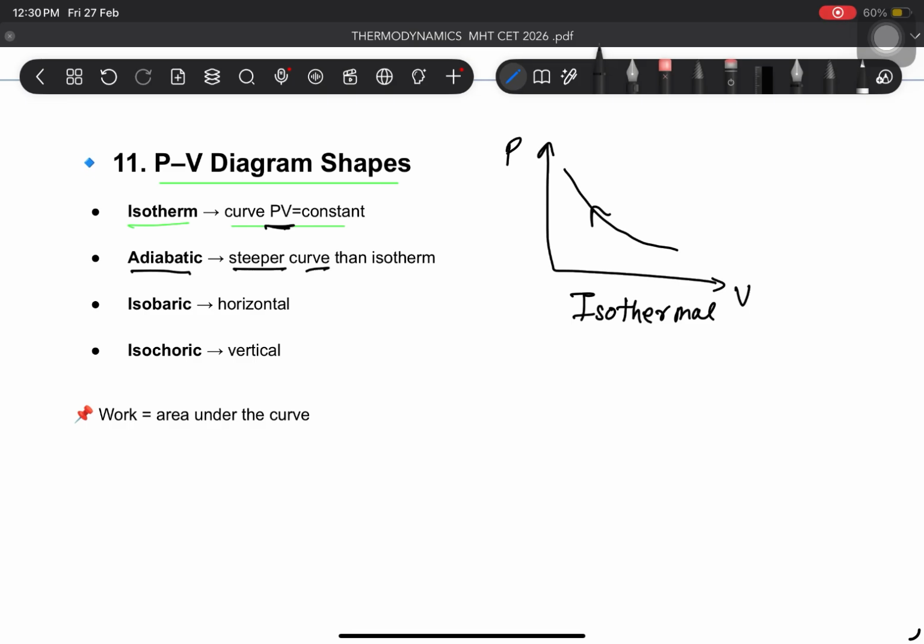Adiabatic is a steeper curve than isothermal.